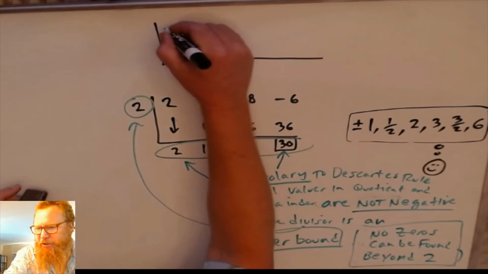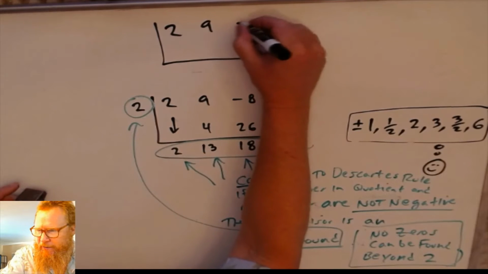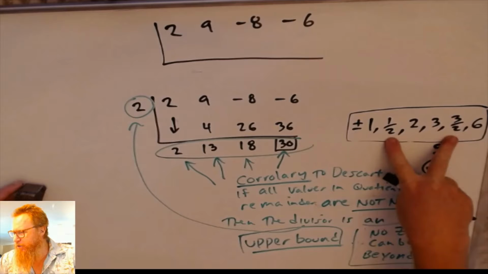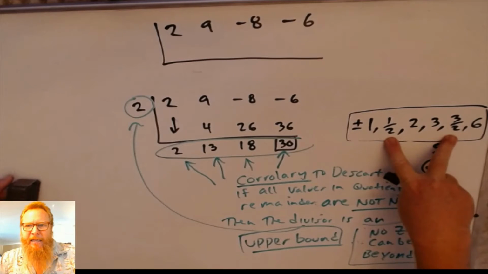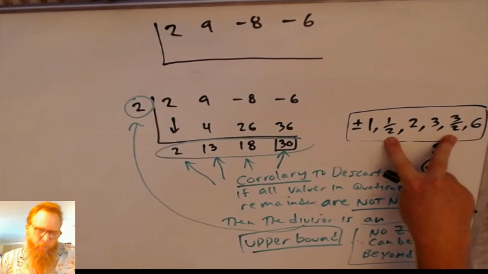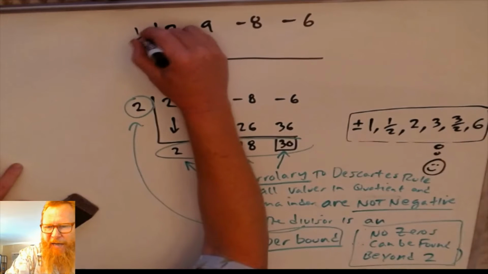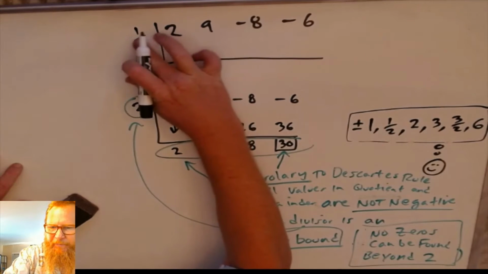So now I have a choice. I can either keep trying positive numbers, I only have 2 fractions, so I could give them a try, or I could switch over to the negatives. It's really up to you. Okay, maybe I'll give one of these fractions a try. Let's try a half.